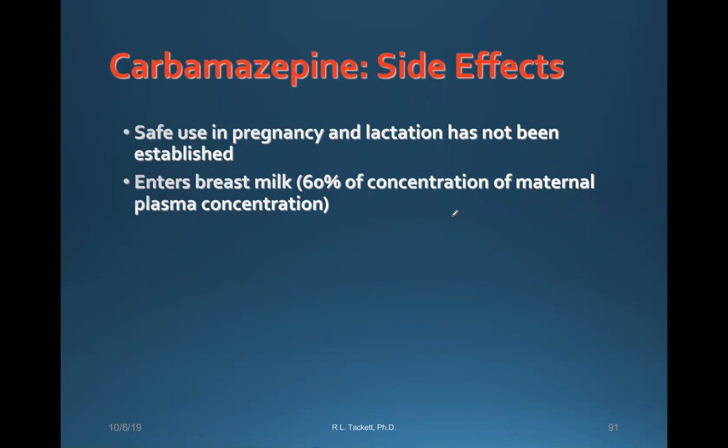They recommend using contraception during treatment. They also mention that it can cross the blood-brain barrier. So if we can avoid it, again, it's a benefit-risk assessment. The best thing is to try to avoid pregnancy and to be careful when breastfeeding.